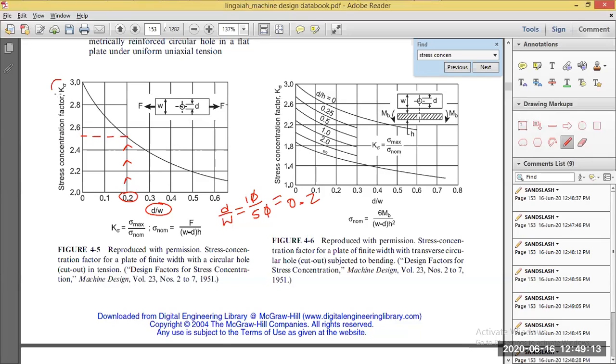That is your value of K sigma. K sigma here is somewhere between 2.4 and 2.6, halfway is 2.5. I'll write approximately 2.52. You can choose a little bit of flexibility here.